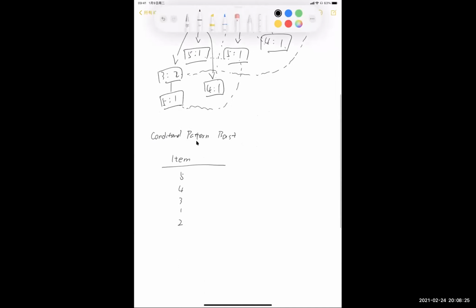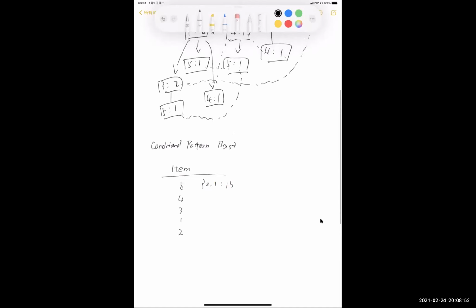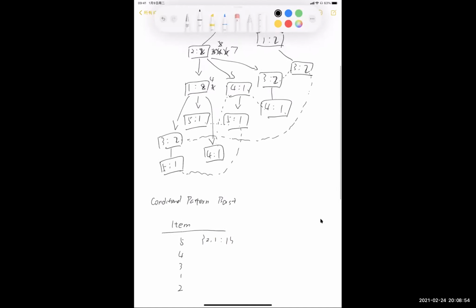So how to represent the conditional base, it should be a tuple. Yeah, should be something like this, right? 2, 1, and once. Oh yeah, so just write down 2, 1 with count 1 and 5. It doesn't really matter how you write it, as long as you get it right.